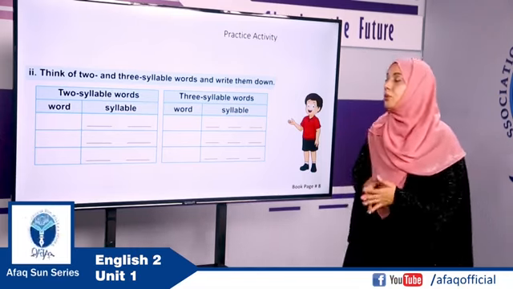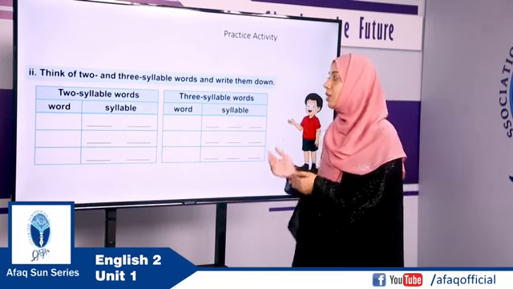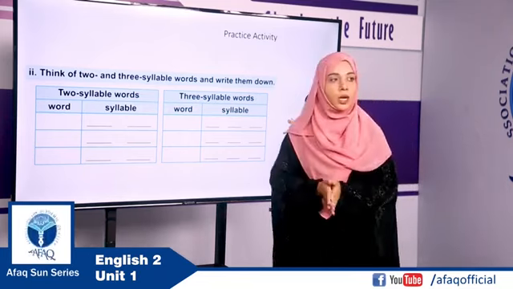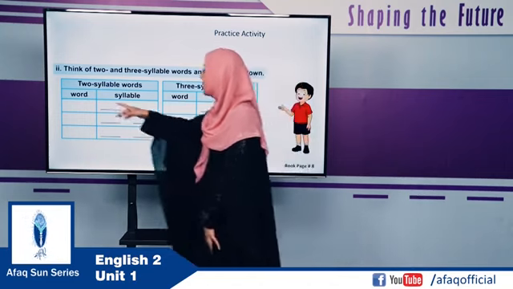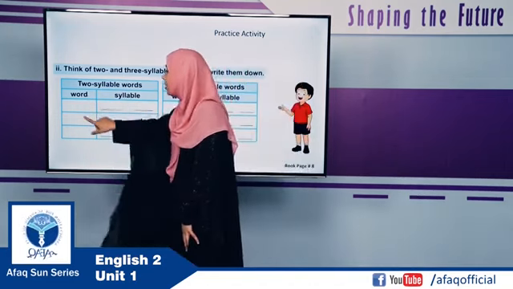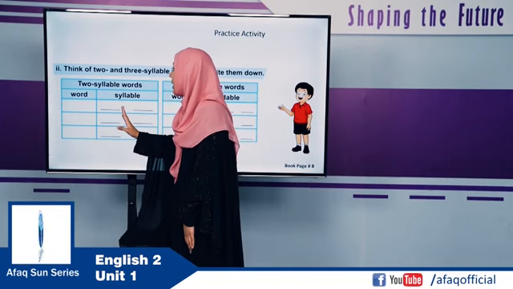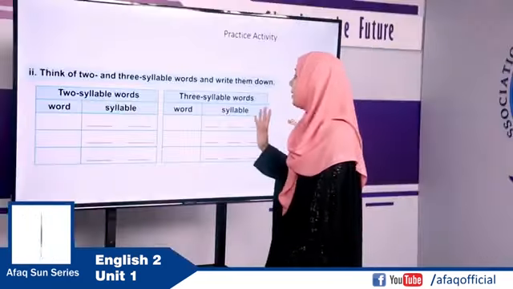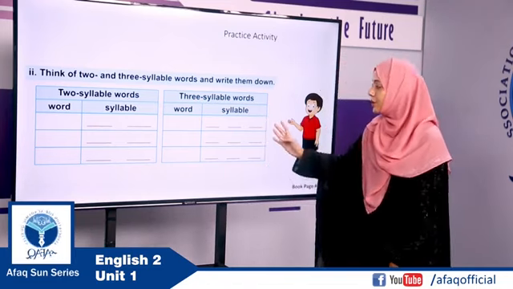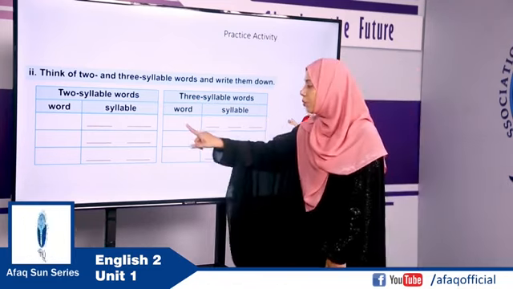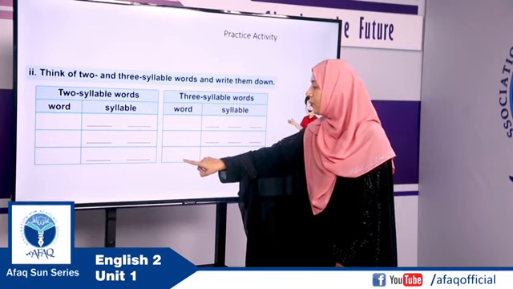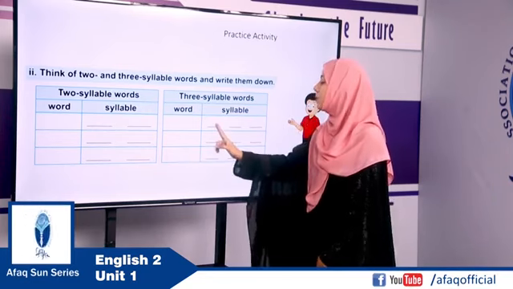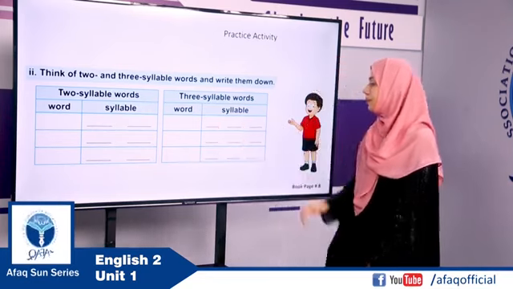Now I want you to think of 2 and 3 syllable words and write them down. You have to write the 2 syllable words in this table, write the word here, and in this column you have to write the syllables. In this table, you will write 3 syllable words. Complete word will be written in this column and the syllable division will be mentioned in this column.